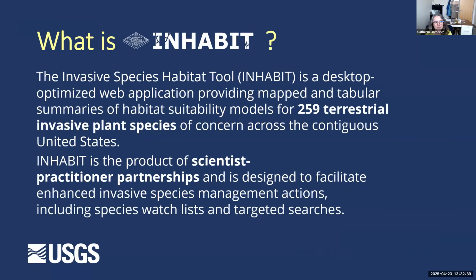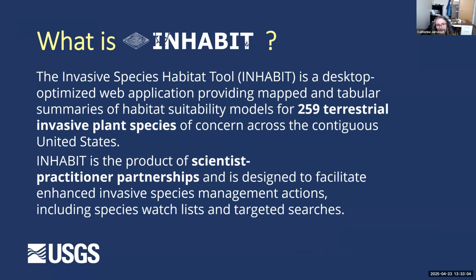So what is Inhabit? It's a desktop optimized application that provides mapped and tabular summaries of habitat suitability models for currently 259 terrestrial invasive plant species that have all been requested by a manager somewhere, including some people in Florida.